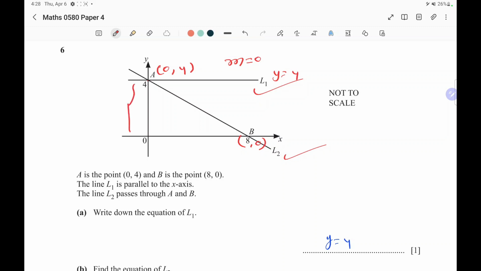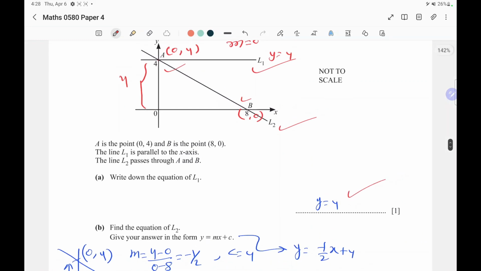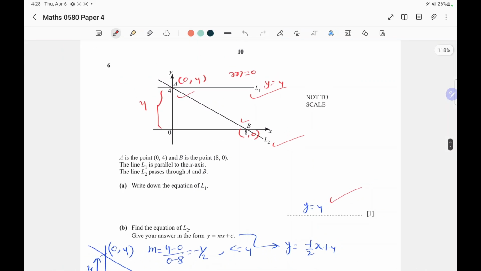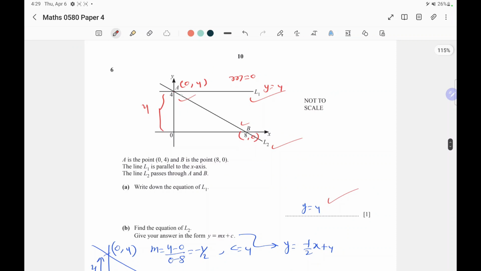Over here c is 4, so y is equal to 4. And L2 passes through the points A and B. This is A and this is B. So write down the equation of L1, which is y equals 4, and write down the equation of L2.